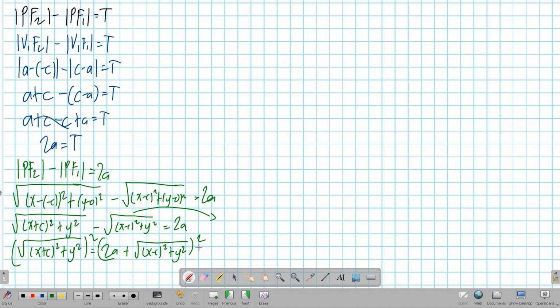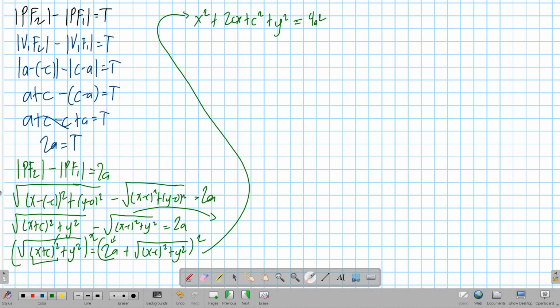So from here, I now go up to here. This gets cancelled, and I'm going to also expand this. I'm going to have x squared plus 2cx plus c squared plus y squared is equal to, this is a binomial that we have to square, so we square the first term. It's 4a squared.